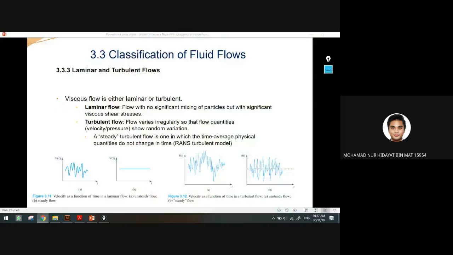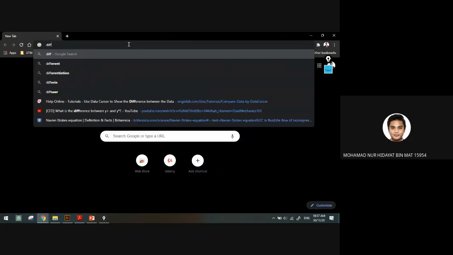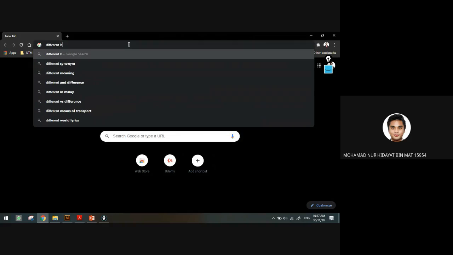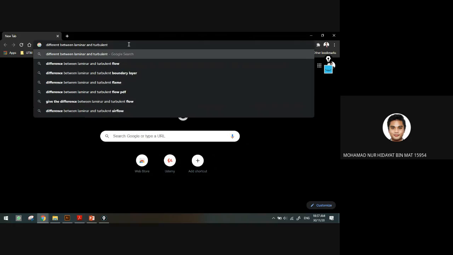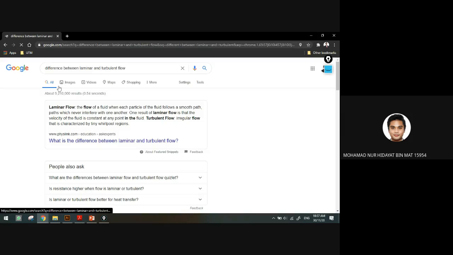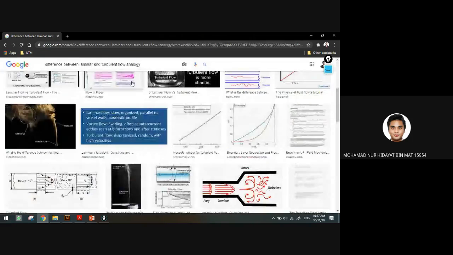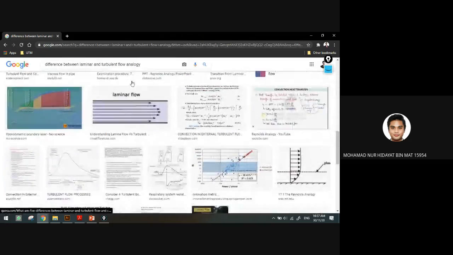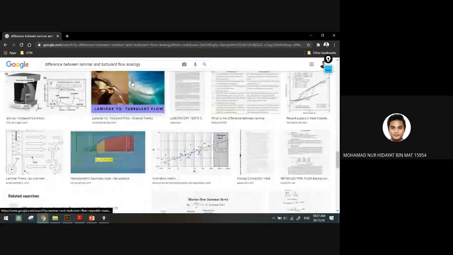Okay, I will try to show you one example of the difference between laminar and turbulent flow, an analogy.